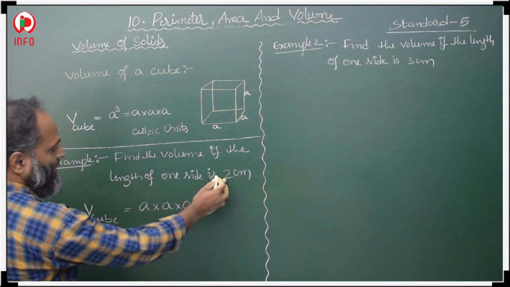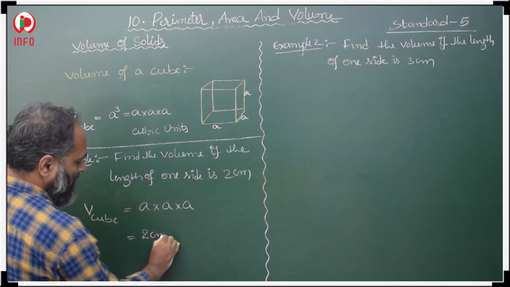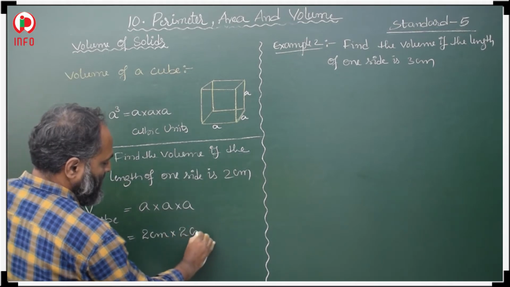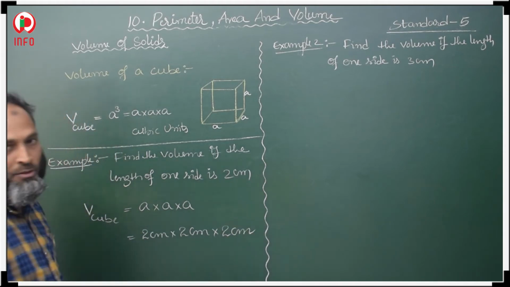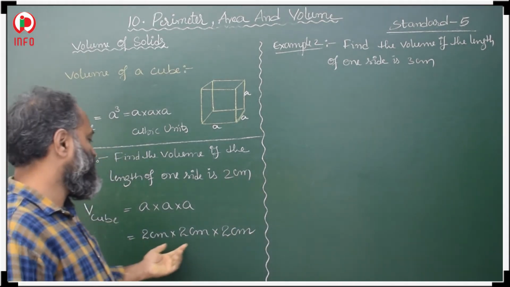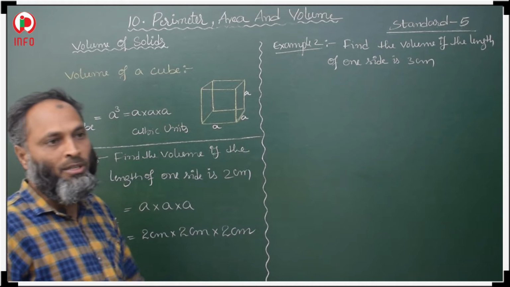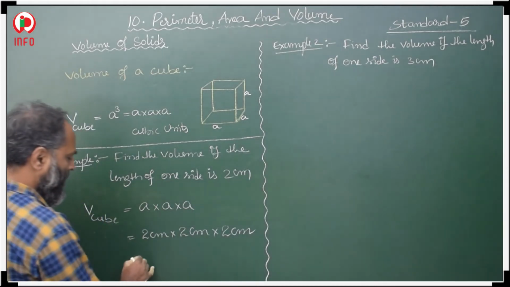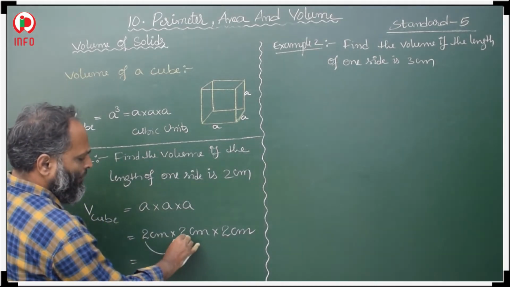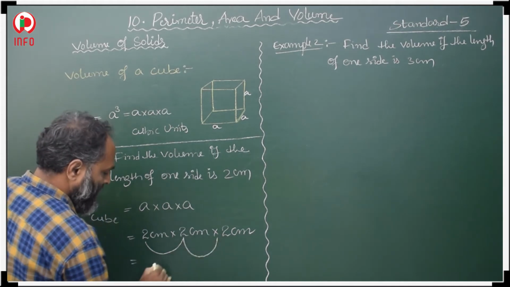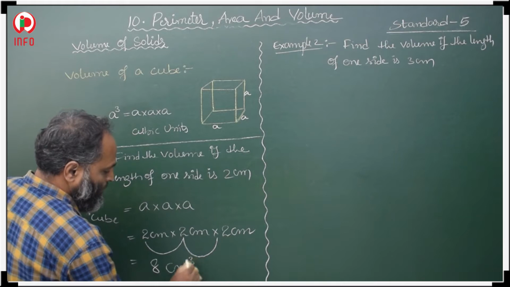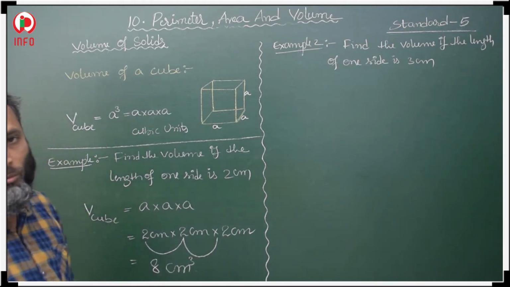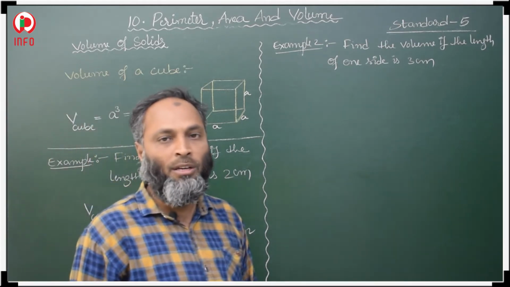What is the side here? 2 centimeters into 2 centimeters into 2 centimeters. 3 times we have to multiply. 2 2s are 4, 4 2s are 8. Here centimeter is there, so we take centimeter cube. Volume is always in cubic units.